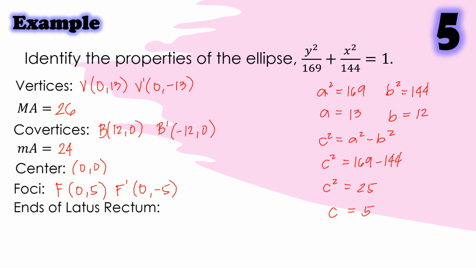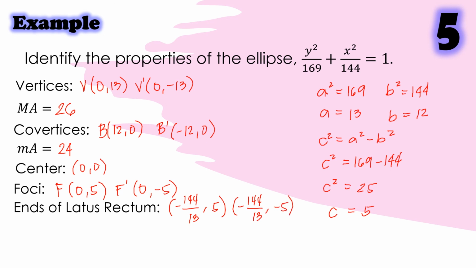The ends of latus rectum will be at negative b squared over a, c, so that will be negative 144 over 13, 5. Negative 144 over 13, negative 5.